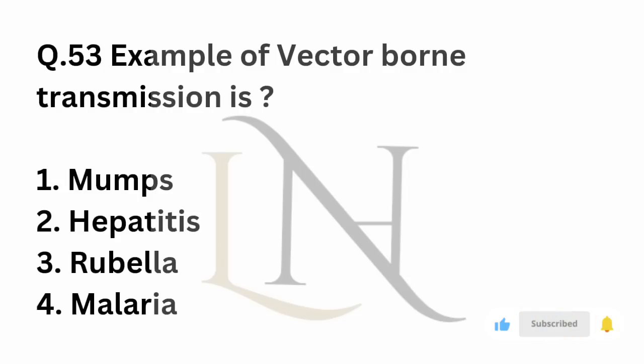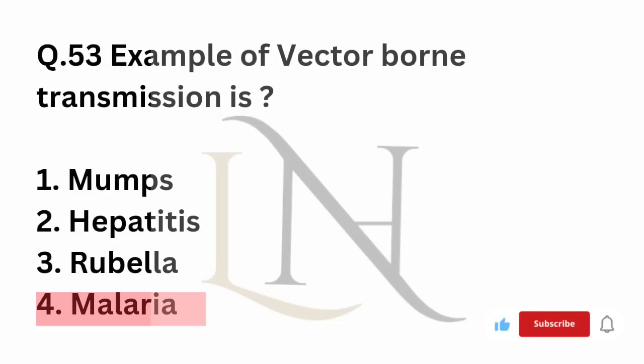Example of vector-borne transmission is option 1 mumps, option 2 hepatitis, option 3 rubella, option 4 malaria. Answer option 4 malaria is vector-borne transmission. Now we will see vector-borne diseases.